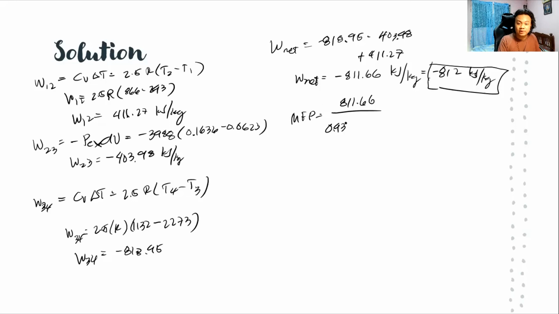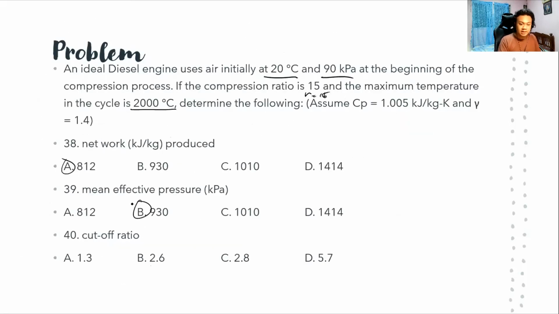So we have 0.9347, diba? And then minus 0.0623. Okay, so get that using your calculator, and then you can get 930 kPa. Okay, so that's letter B in our choices.